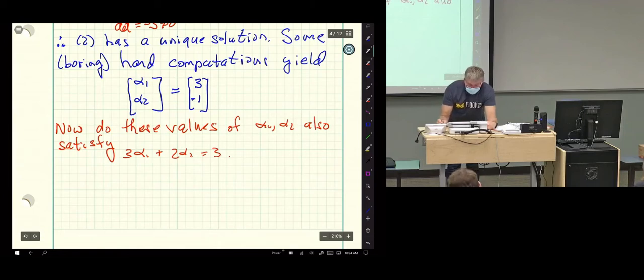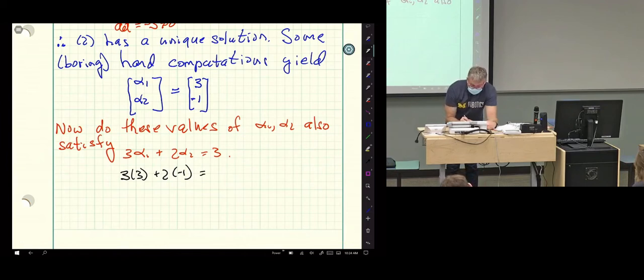Well, let's plug it in. 3 times 3 plus 2 times minus 1. Okay, so that's 9 minus 2, that equals 7, and that's not equal to 3.